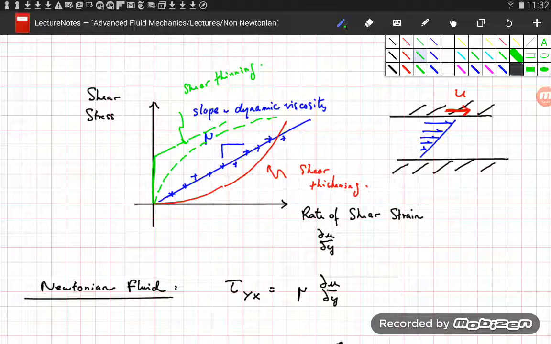It's also called a Bingham fluid, or fluid with a yield stress, or yield stress fluid.